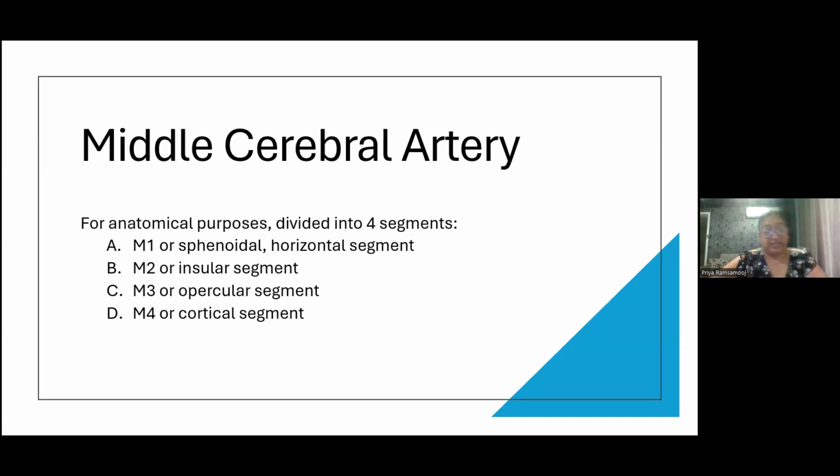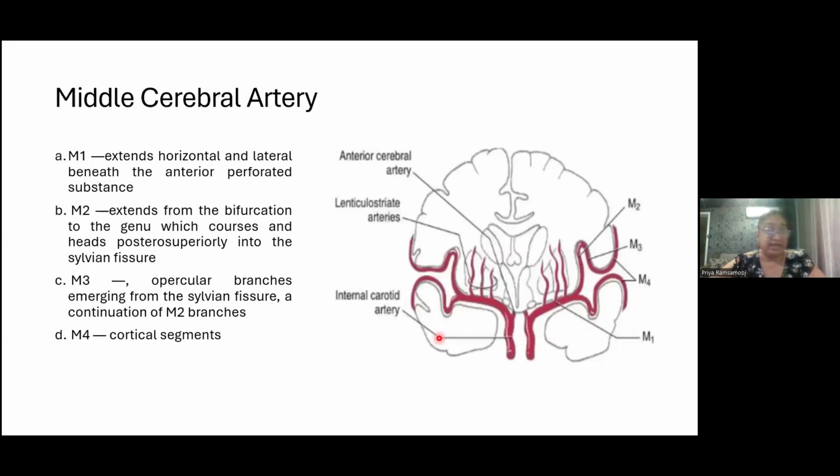So again, classification. For anatomical purposes, it's been segmented into 4: M1, 2, 3, 4. M1, sphenoidal or horizontal segment. M2, insular segment. M3, opercular segment. And M4, cortical segment. Again, M1, we follow it, M2, M3, and then it bumps down to M4, right?